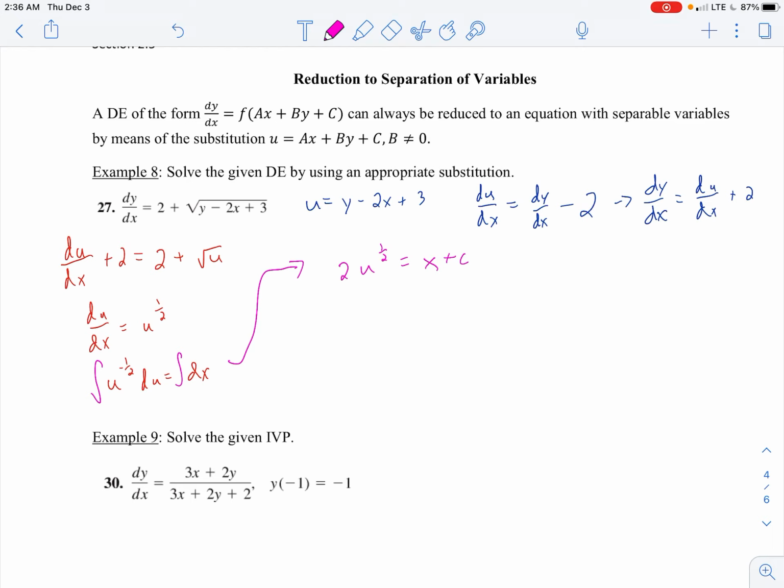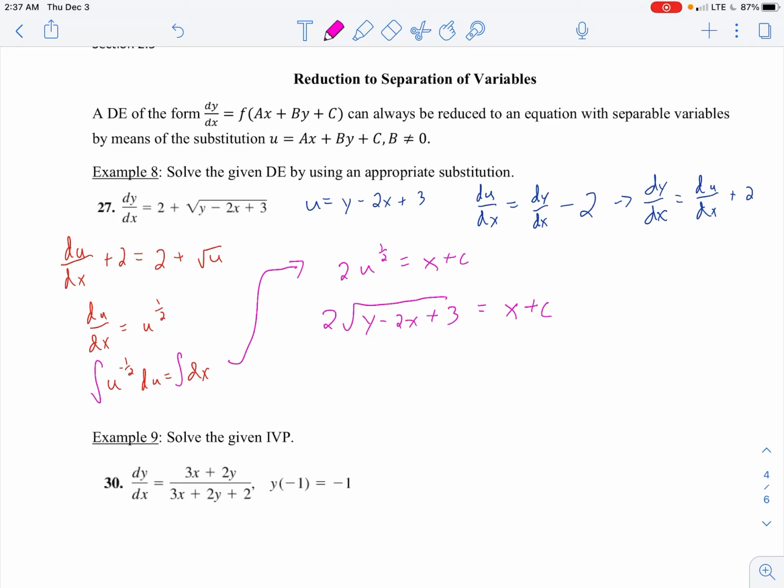Now let's substitute in what we have for u. So we have 2 square root of y minus 2x plus 3 is equal to x plus c. If you want to manipulate that, you can, but you don't have to. We could divide everything by 2, or we can square everything, and then we'd be able to get y by itself.